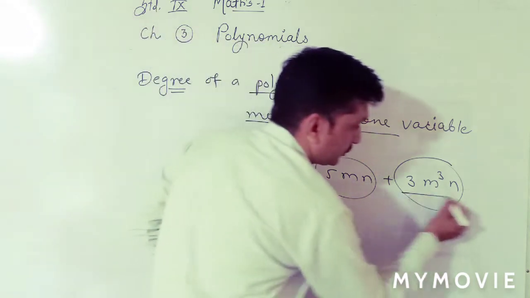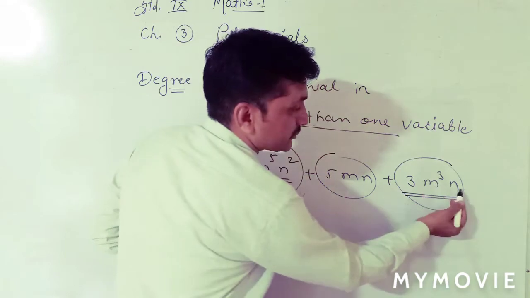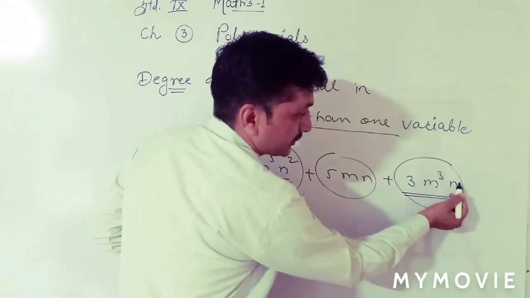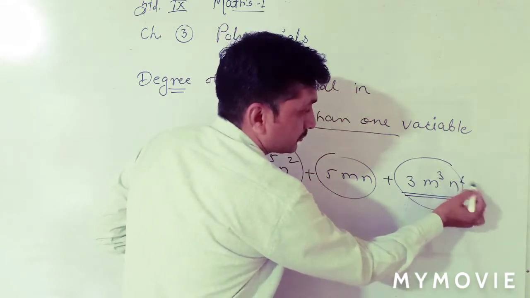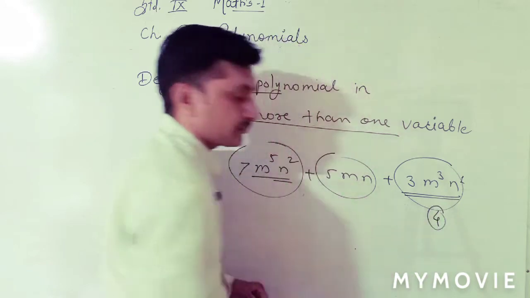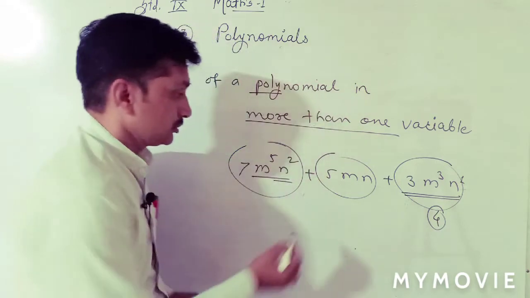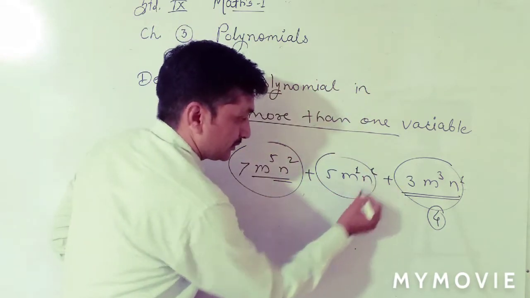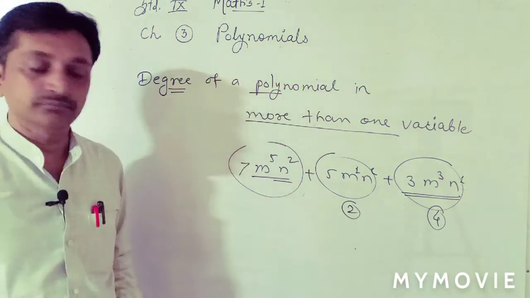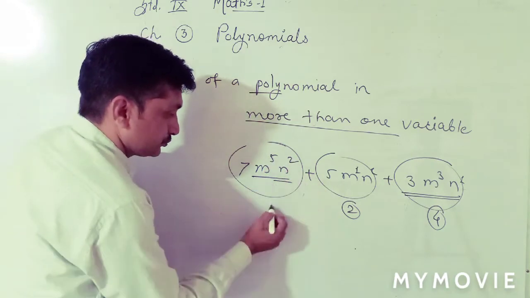Now here whole term is this. Now you add the powers of their variables. Here is 3, here is 1. 3 plus 1, here is 4. Sum of powers, 3 plus 1, 4. Here you do, here 1, here 1. 1 plus 1, 2. Here 5 plus 2, 7.